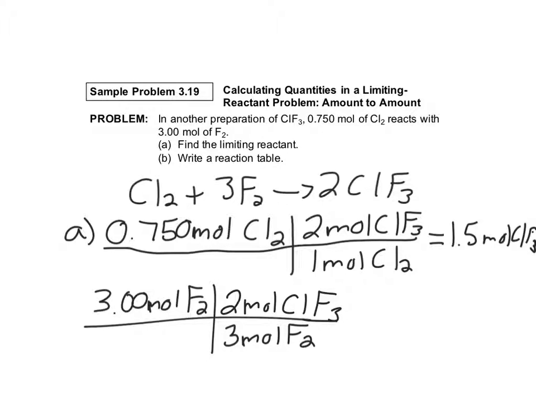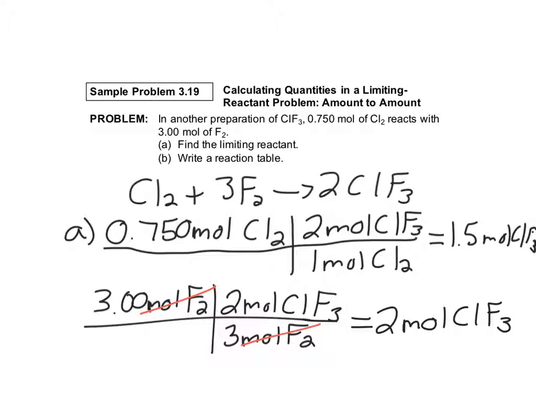And again, that number came directly from a balanced equation. So what is that equal to? Moles of F2 divided by moles of F2 equals 1, so I'm going to be left in product. So 3 times 2 divided by 3 equals 2 moles of ClF3. Let's see, now, did I do that right?